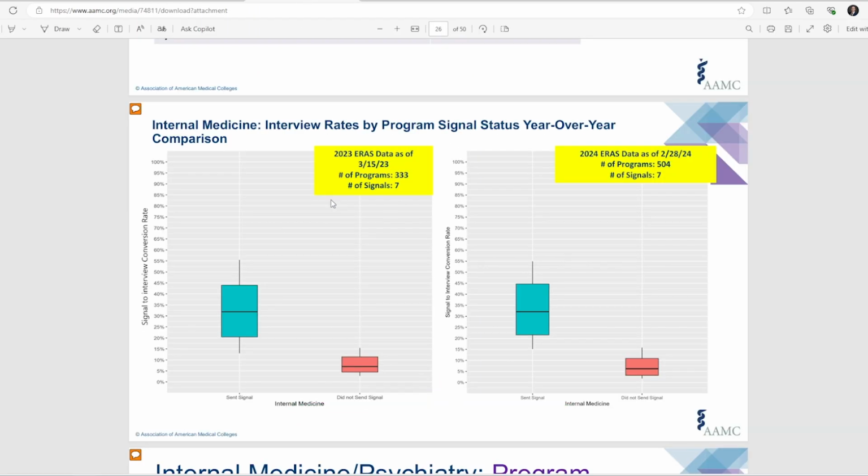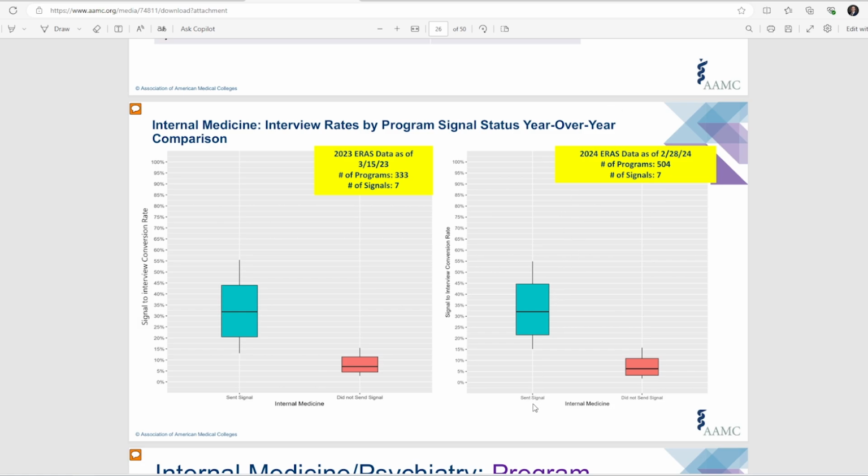So if we look at the relationship between signaling and receiving interviews, you can see for 2024 ERAS, which is the most updated one, there were 504 programs participating in this, and the number of signals was 7 for that match.